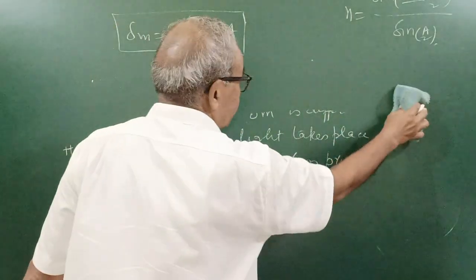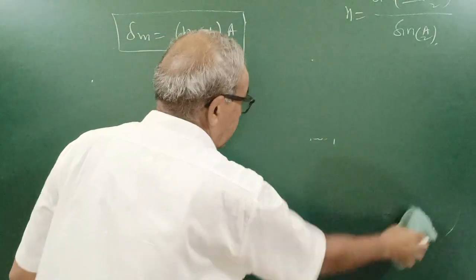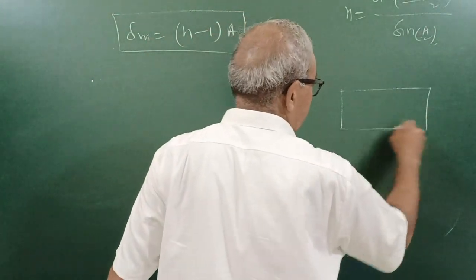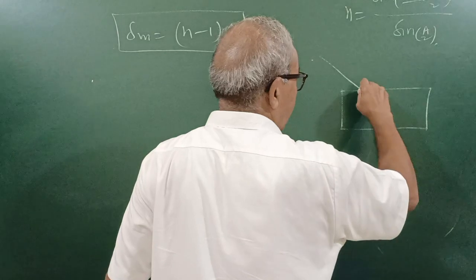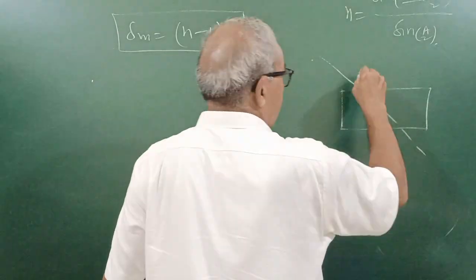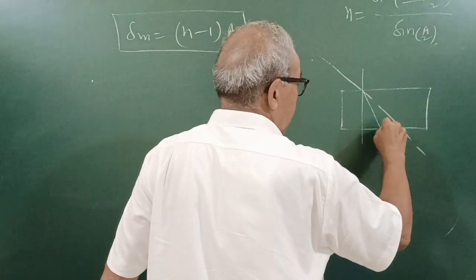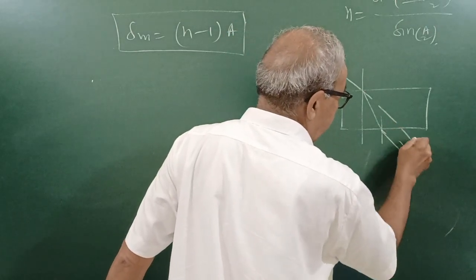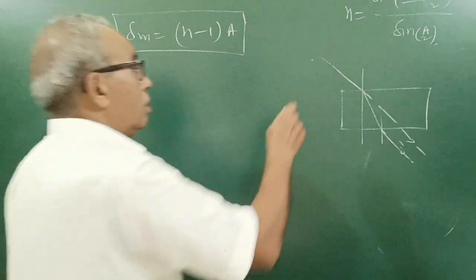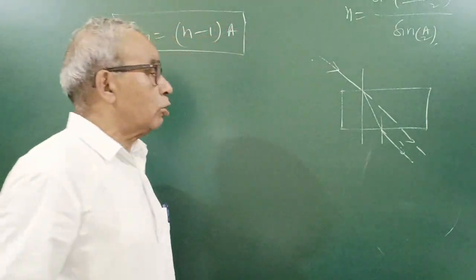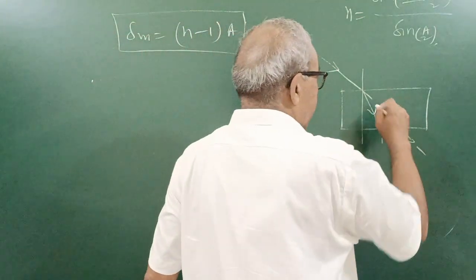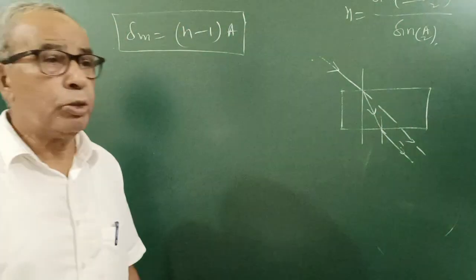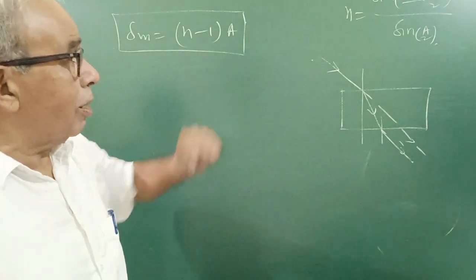In a glass slab, there occurs no deviation. In a glass slab, the emergent light and incident light remain parallel, it was the path, and after refraction here, again it comes parallel. So this is parallel, therefore deviation does not take place when light passes through a glass slab, and that is why the glass slab does not produce deviation while made of the same glass.